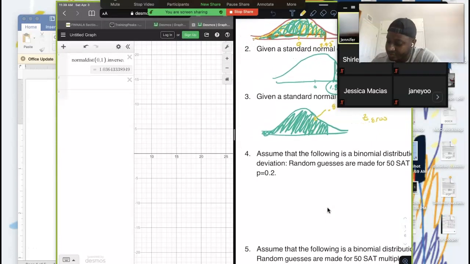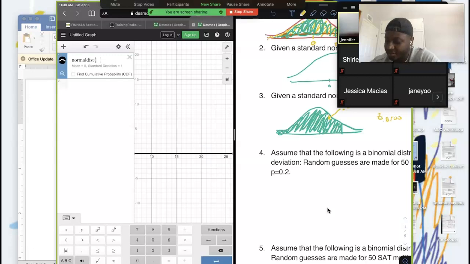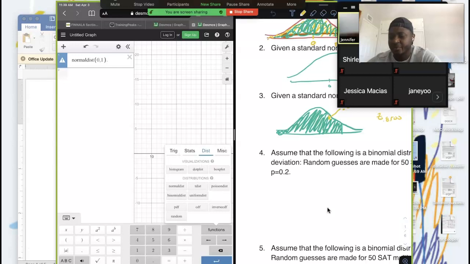All right, let's do it one more time. You're going to go functions, normal distribution, and then 0, comma 1, and then decimal, and then functions. Remember that normal distribution is always going to be 0, 1, unless you're specifically told otherwise.